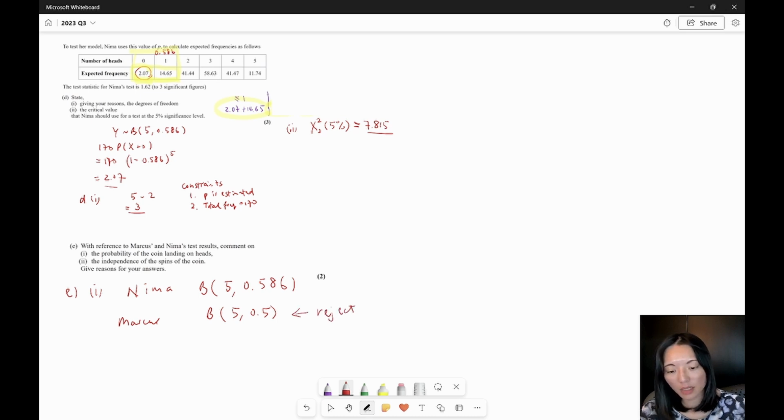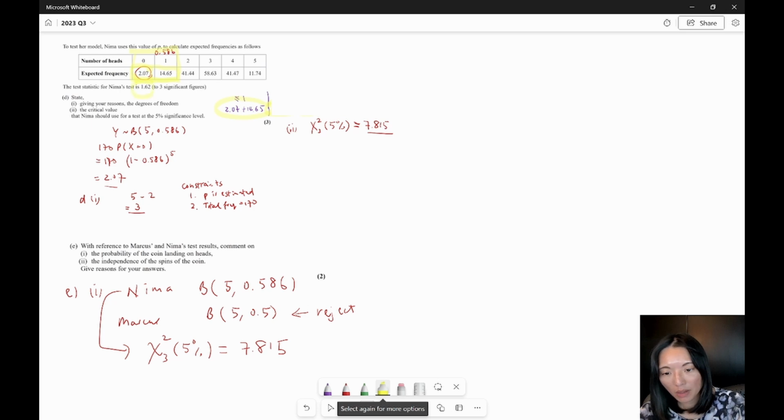Let's look at Nema's model. So Nema's model had a test statistic, with chi-squared 3 degrees of freedom, critical value of 7.815. And the test statistic was given in the question here, 1.62. So the test statistic was much lower than the critical value.